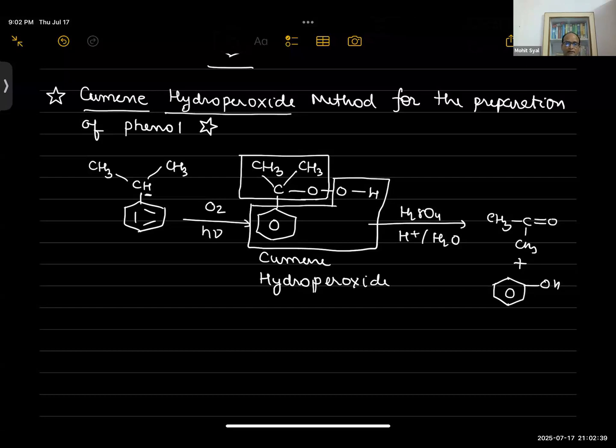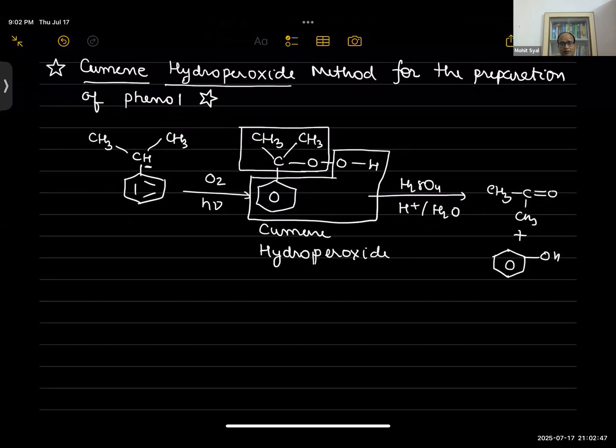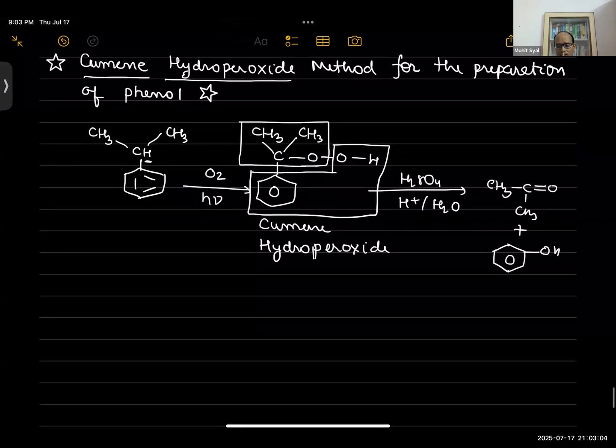Marwa, if I ask you what is the byproduct of the cumene hydroperoxide method, just try to figure out what is formed along with the phenol. Tell me. Is it acetone? Yes, acetone. Everybody remembers phenol because it is in the name of the method, but most people forget this acetone.